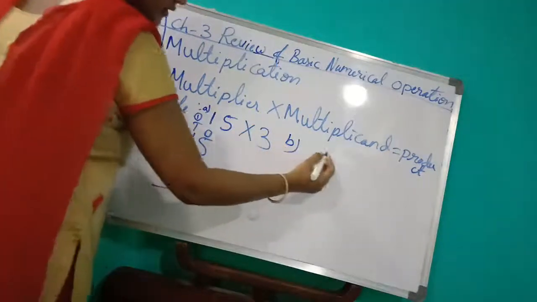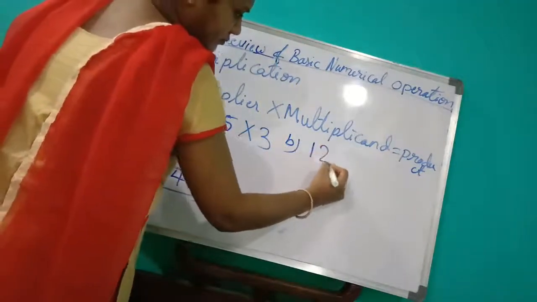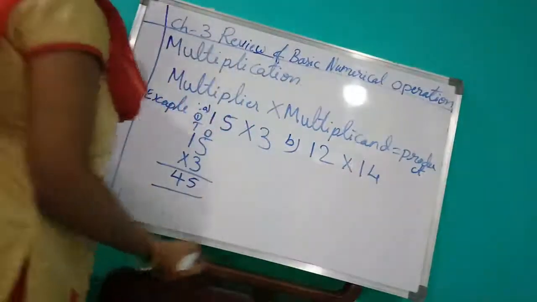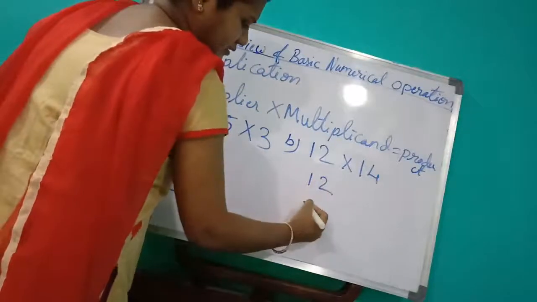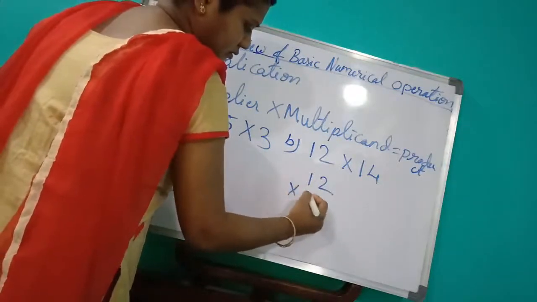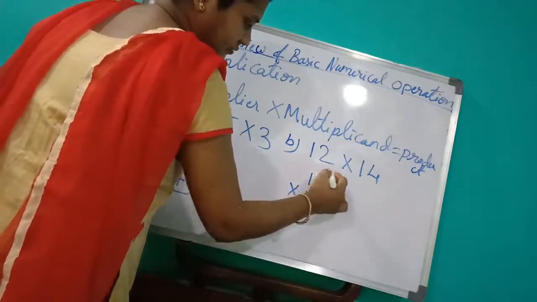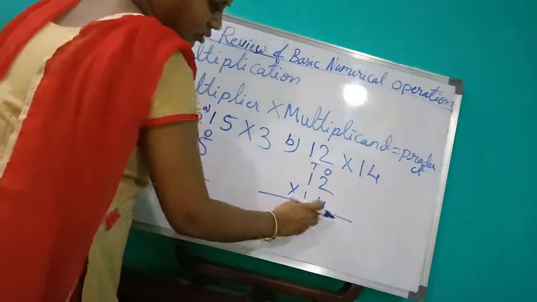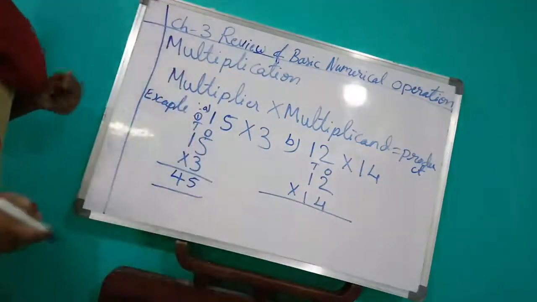Next, see here, 12 into 14, with ones place and tens place. Now you should multiply the ones place.